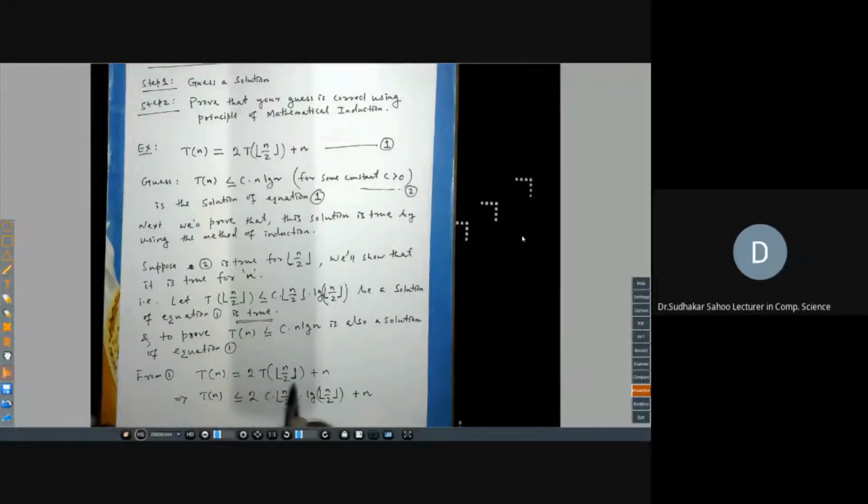Is this clear? So T(n by 2) I have written because it is as per induction hypothesis. So this is valid. So I have T(n by 2) less than or equal to this value.